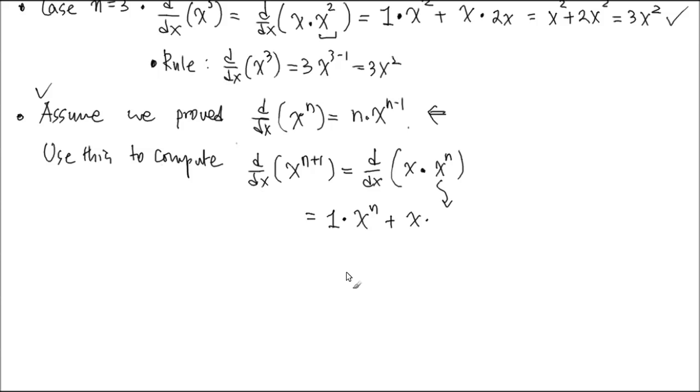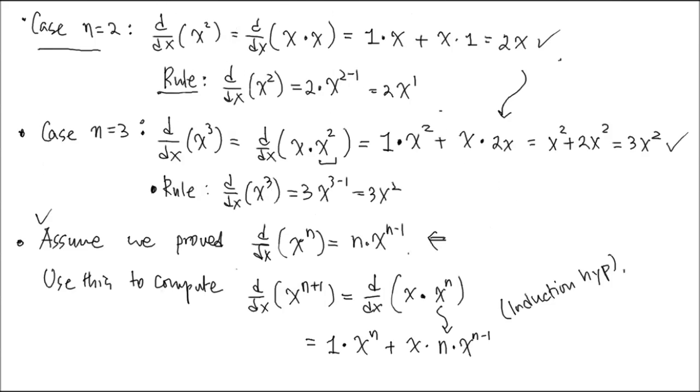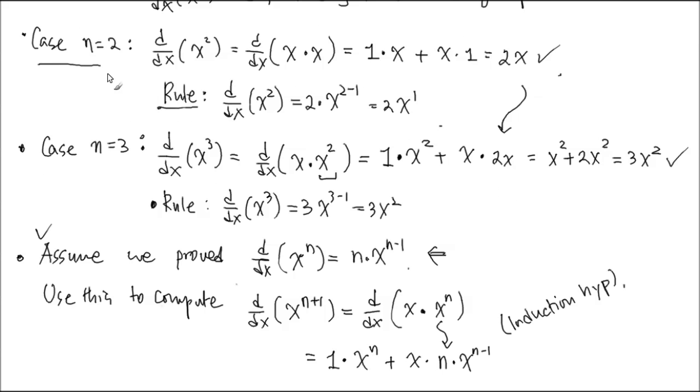So what is that? n times x to the n minus 1 from the earlier case. We call this the induction hypothesis. We have worked on the earlier stage, so we can use it in the next stage. Isn't that what we did over there? To prove the n equals 3 case, we used the work on the n equals 2 case. Does that make sense?